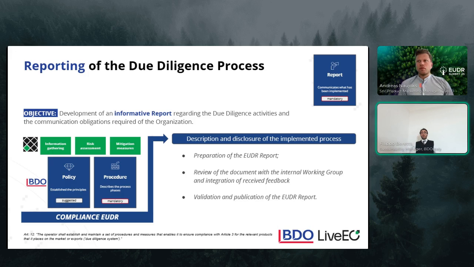For example, I can describe what analysis carried out resulted in zero risk of deforestation, and therefore I was able to move my product. On the other hand, if the risk of deforestation for some products is found to be high, I have to describe the mitigation measures put in place to mitigate the risk.